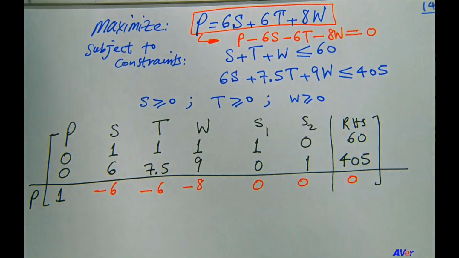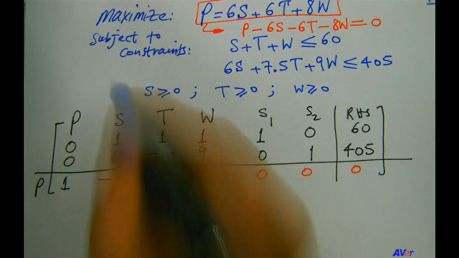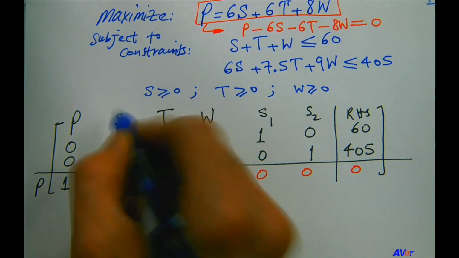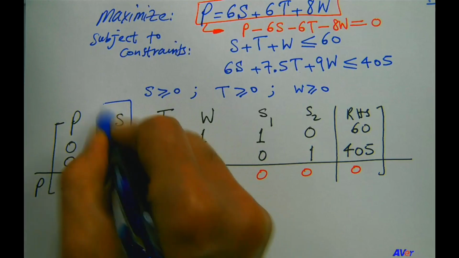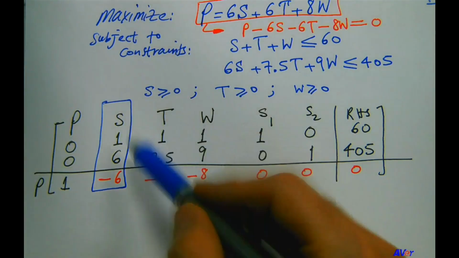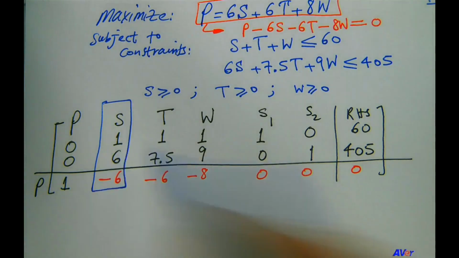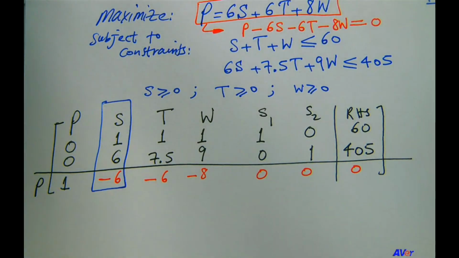Now the pivot column is the column with the left-most negative number in the objective row. So this is our pivot column right there. Both numbers in the pivot column are positive, so we need to investigate the smallest ratio.